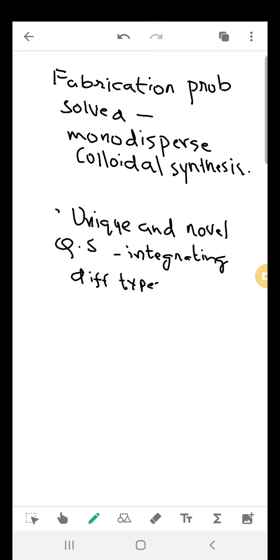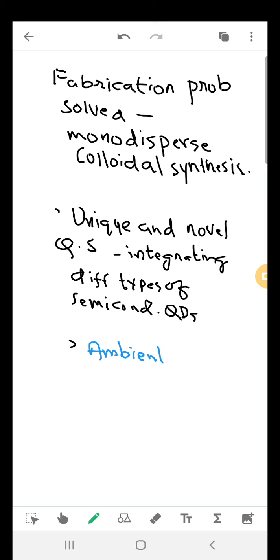These hybrid structures are being investigated for information sensing and processing in ambient solution environments. So the usage in ambient solution and environment is the key.